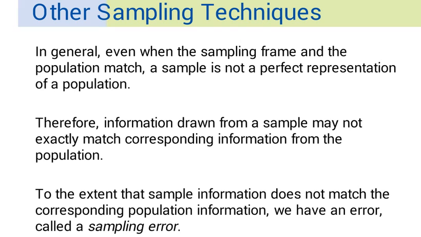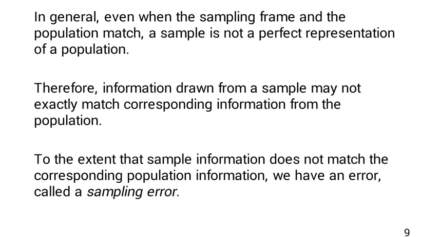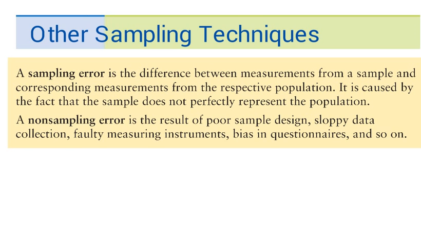Okay, so a sample statistic is never going to be quite as good as a population parameter, is the long and short of it. And what we call that is a sampling error. We recognize that the extent to which the sample information doesn't match the corresponding population information is a form of error, or what we call a sampling error.